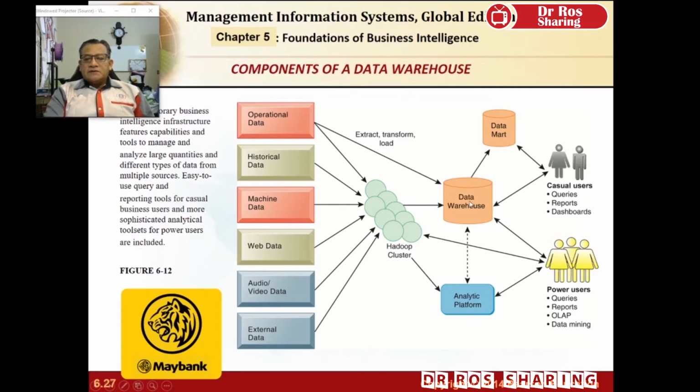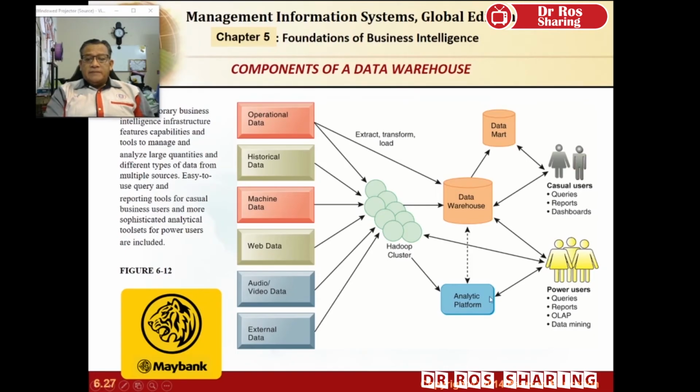This data warehouse is also linked to the users that are using the data inside the data warehouse. For example, employees of Maybank that are using queries or searching for information, Maybank employees that generate reports, online analytical processing or OLAP, and also data mining by Maybank employees.